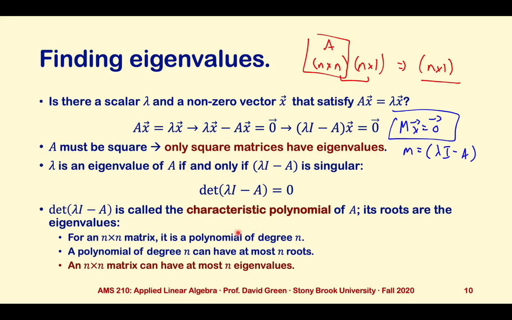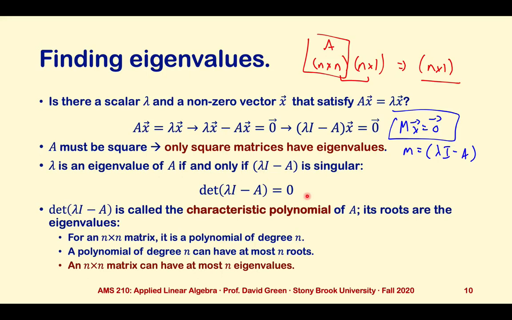A polynomial of degree n has at most n roots. What do we mean by that? A polynomial of degree 1 is a straight line. A straight line can cross the axis at most one time. A polynomial of degree 2 is a parabola. A parabola can cross the x-axis at most 2 times.